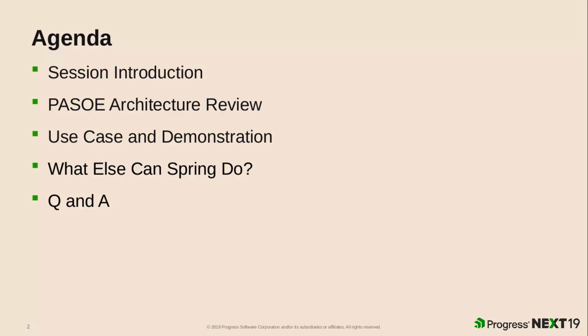We're going to do a brief PASOE architecture review because a lot of this stuff is based on PASOE, and you have to have at least a good mindset of the directory structure and how the PASOE product is organized. I'm going to skip right into a use case and demonstration. I'm going to pick out of the air just an idea of what we might be able to use Spring for. And then, of course, if we have time, hopefully we do, time for some questions and answers.